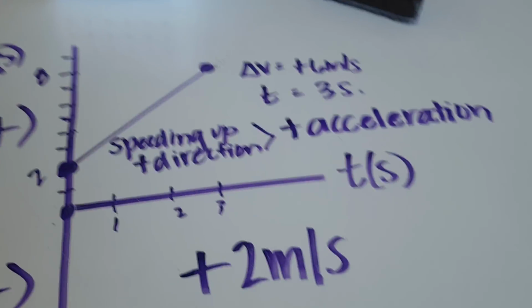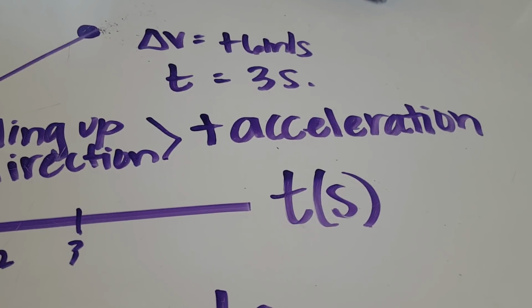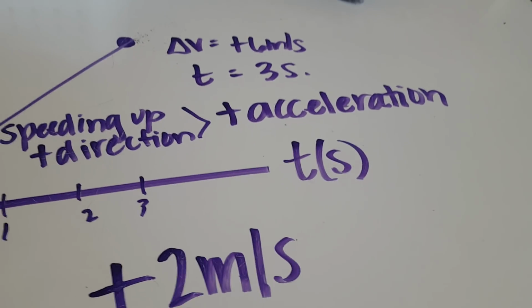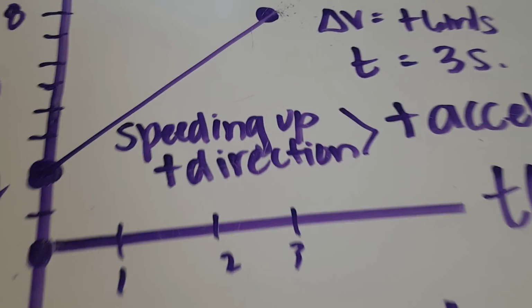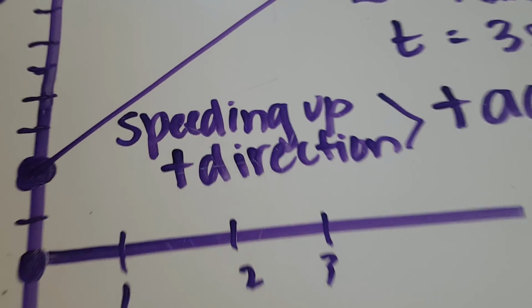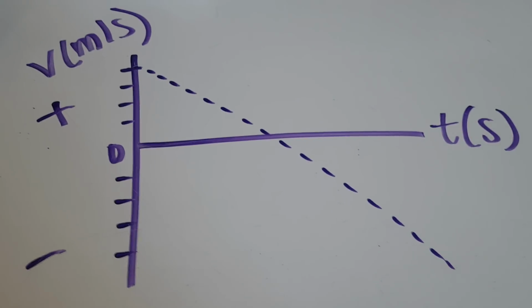Now, at first you're probably thinking, well, yeah, duh, the direction is positive, so the acceleration is positive, but that's not accurate. Before, with velocity, positive and negative only indicated direction. Now with acceleration or non-constant velocity, I need to know, is the object speeding up and in what direction is it going? So let me show you exactly what I mean by that.